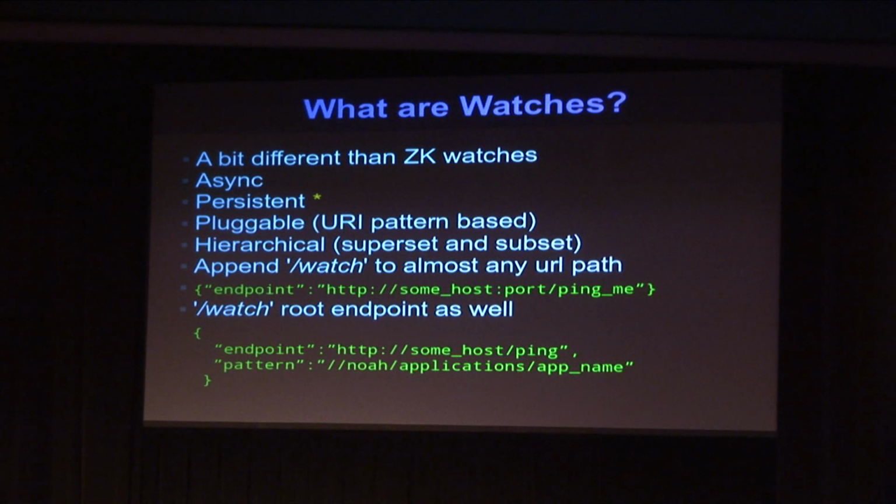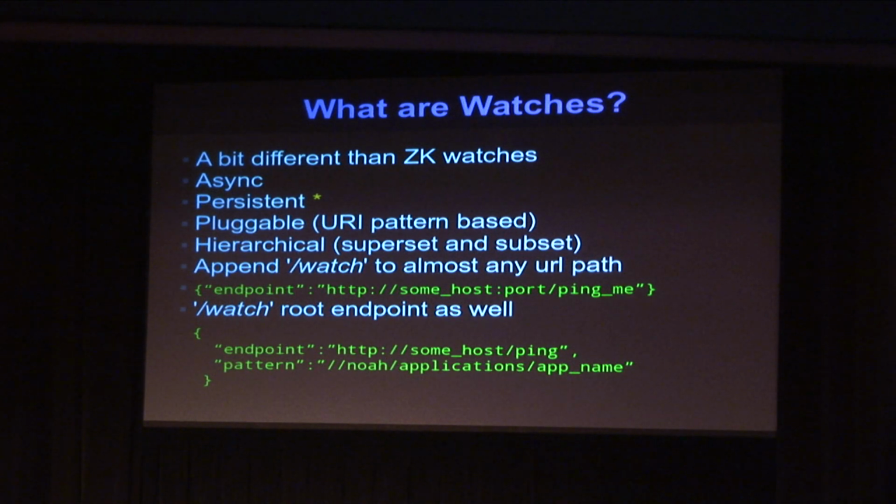That's going to change a little bit: there's going to be an expiry ability added as an optional thing when you create a watch. It's pluggable. It uses a URI-based scheme, and everybody's familiar with URIs, so it's something somebody can easily understand and break apart to determine where to send a watch.